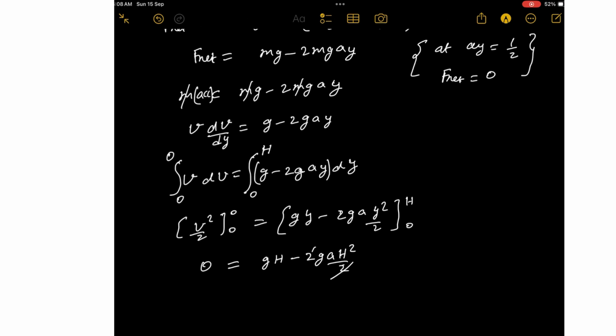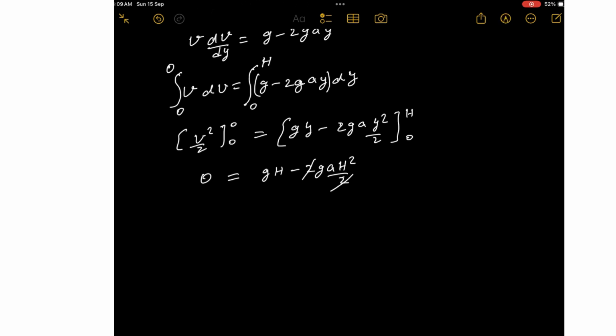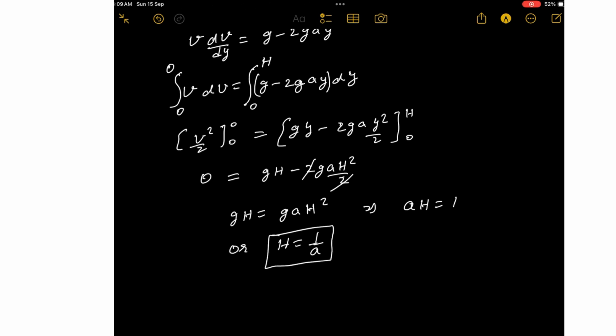Now you can cancel this 2 and 2, and you will get gh is equal to ga h square. Cancelling g and h, you will get ah is equal to 1, or h is equal to 1 by a. This is the maximum height up to which the body will ascend.